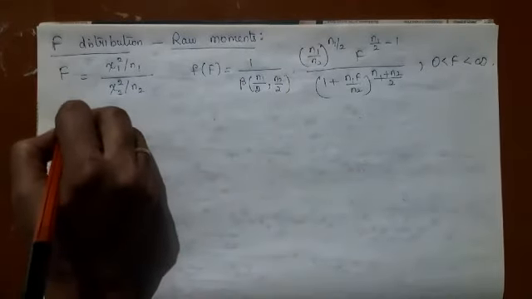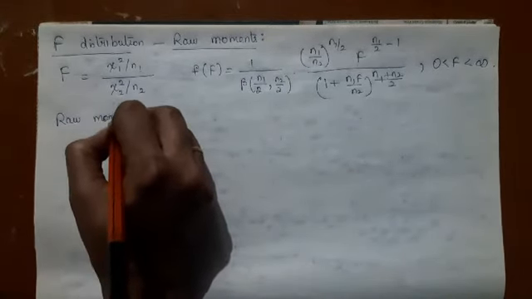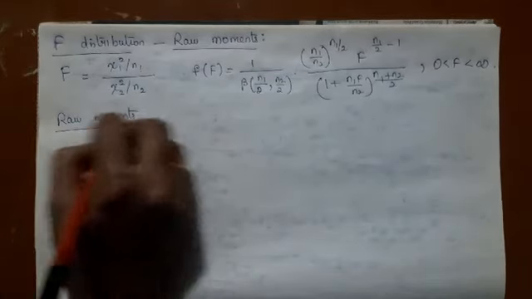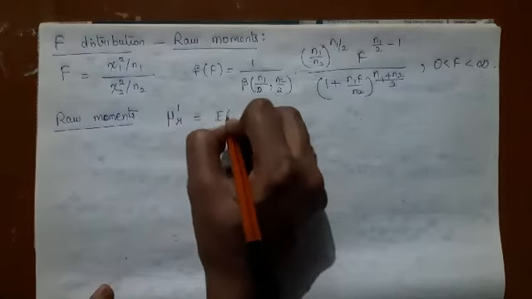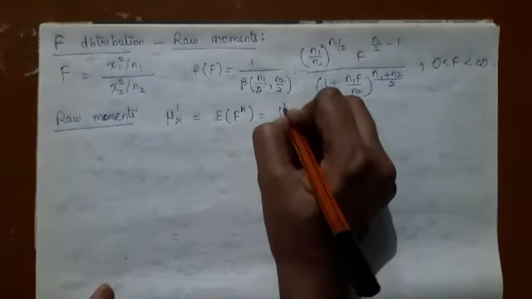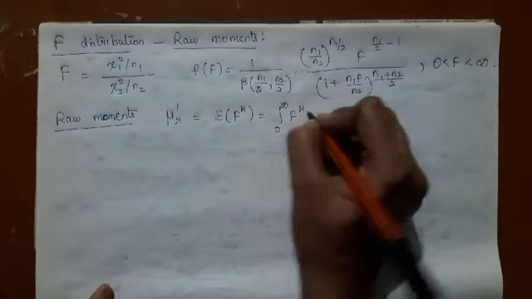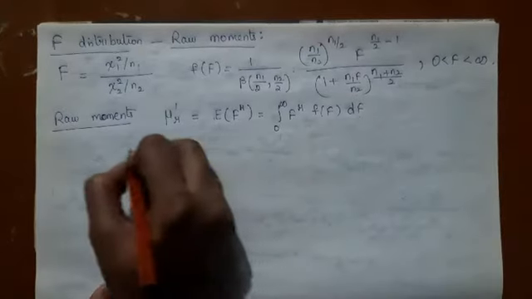To derive the raw moments of this distribution, let us derive μr', the rth order raw moment, which is the expectation of f^r, that is, the integral from 0 to infinity of f^r times the density f(f) df.